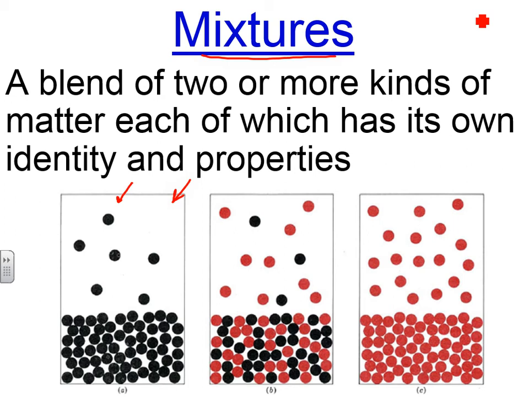And then here you have two types of matter, and so this would be a mixture. On the right side, again, you have just the red spheres, but then the mixture would have two different types of matter, symbolized by black and red spheres. And they are mixed together, and that's why we call this a mixture. So A and C are not mixtures, but B would be a mixture.